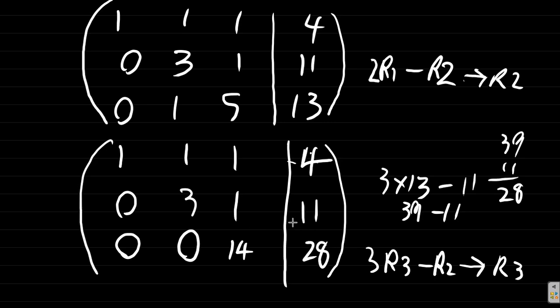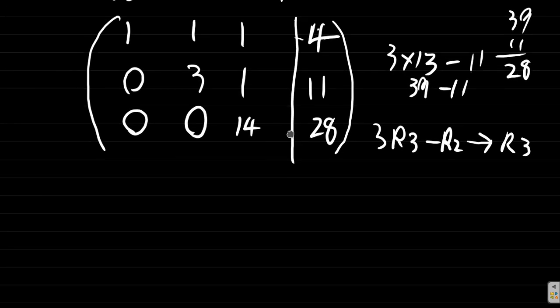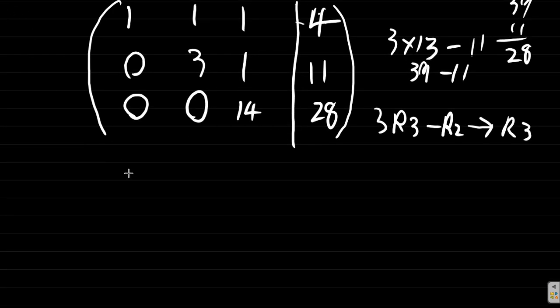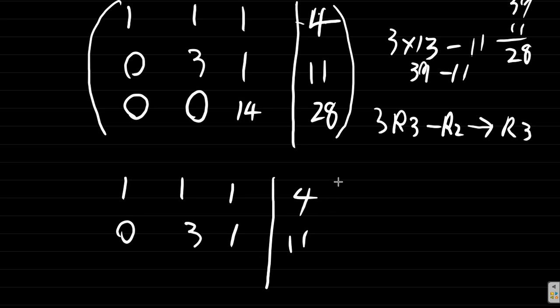Alright? So that's what you have here. So let's rewrite: 1 1 1 4, 0 3 1 11.